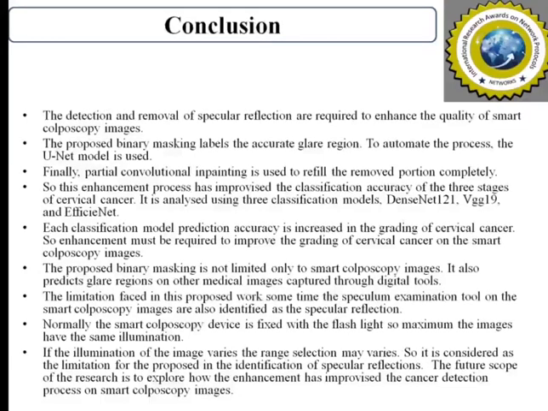So this enhancement procedure is an important factor in smart colposcopic images, which has been proved by grading the enhanced and non-enhanced images on the classification models DenseNet121, VGG19 and EfficientNet.